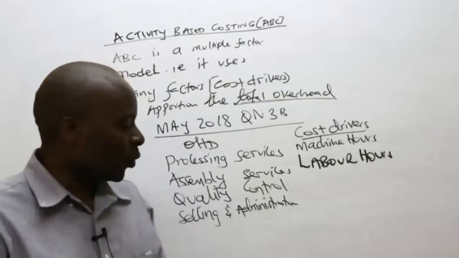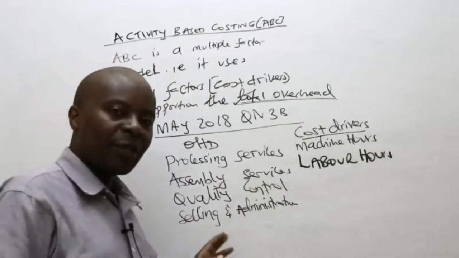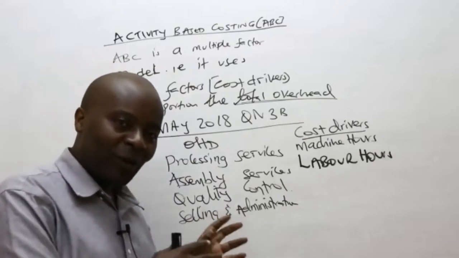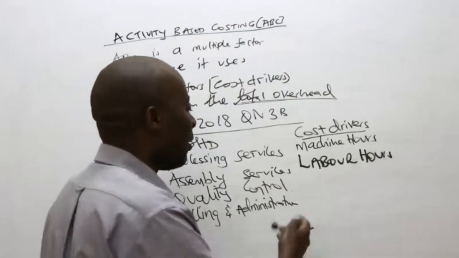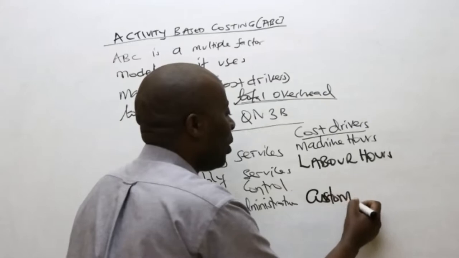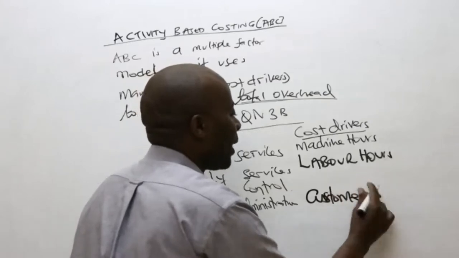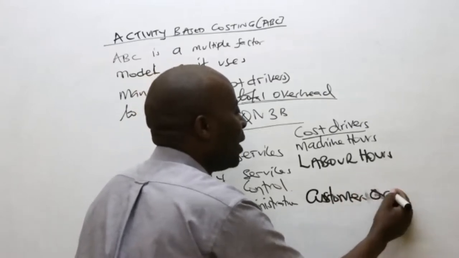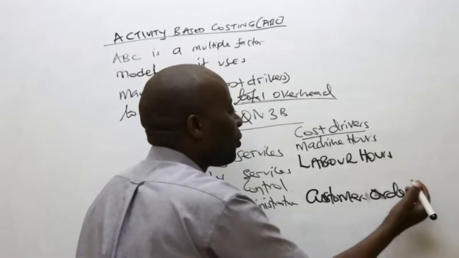Customer orders will come under selling, because the more the orders, the more the selling cost will be. Customer orders will go there.